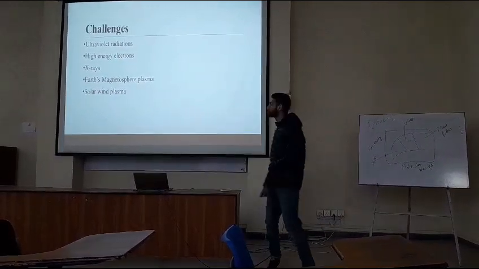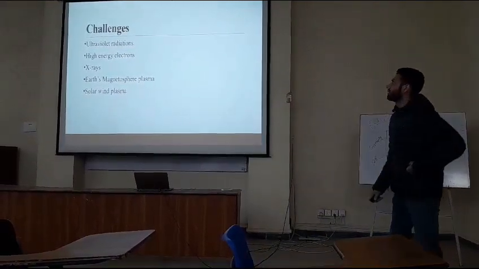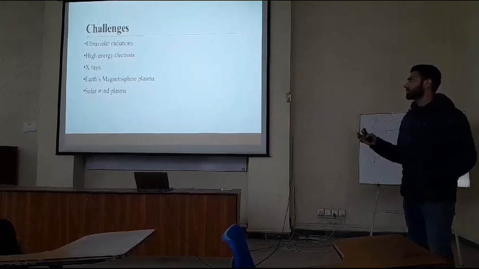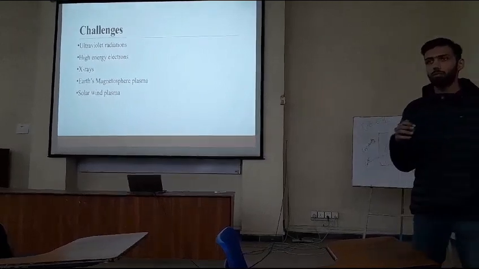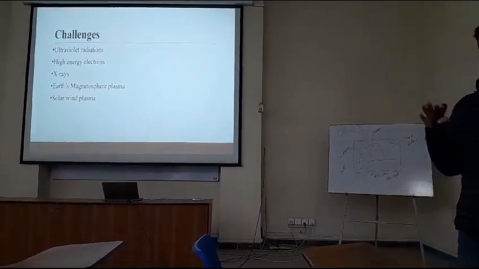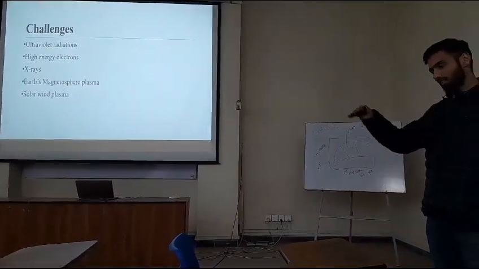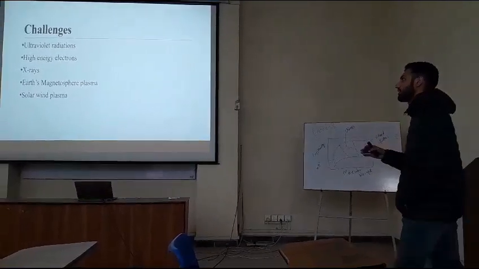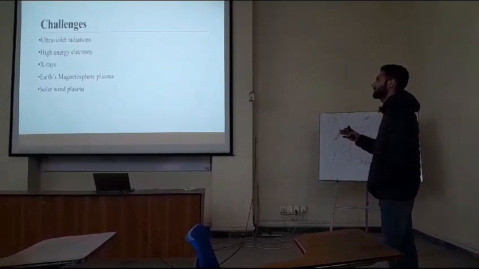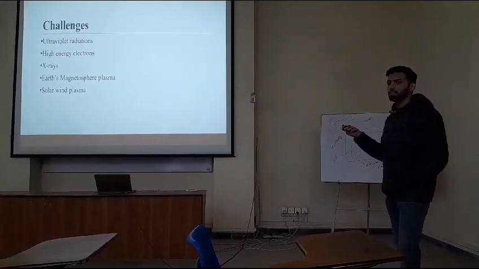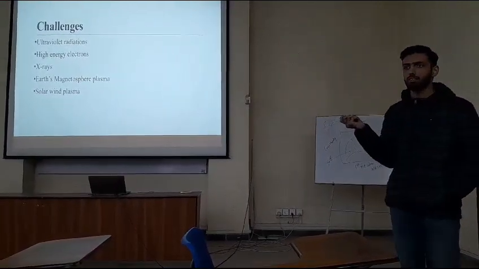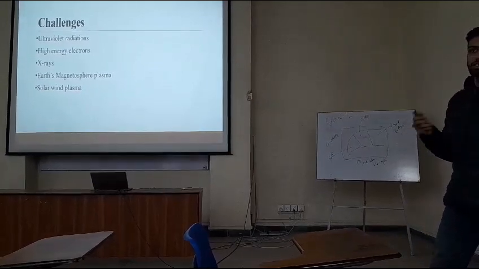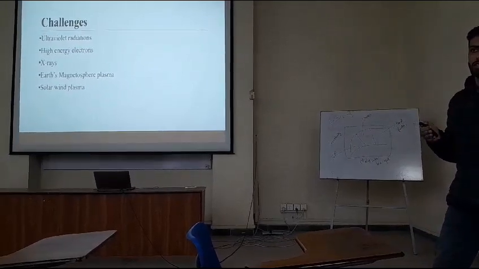So what is the effect of these radiations on Kapton? Since it's an insulator, it has much better properties than others. But ultraviolet damages it, because this is very high energy electromagnetic radiation. Kapton is a polymer sheet, an elastic sheet.